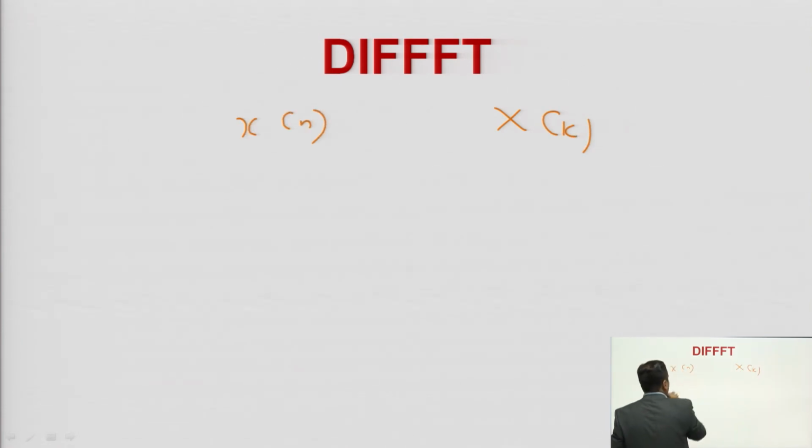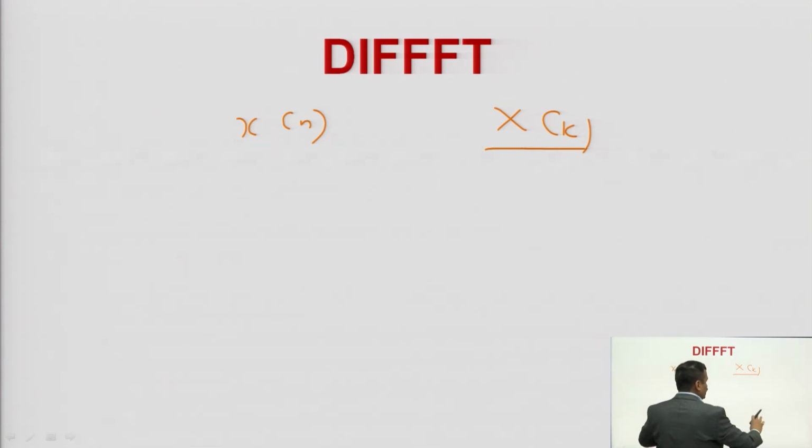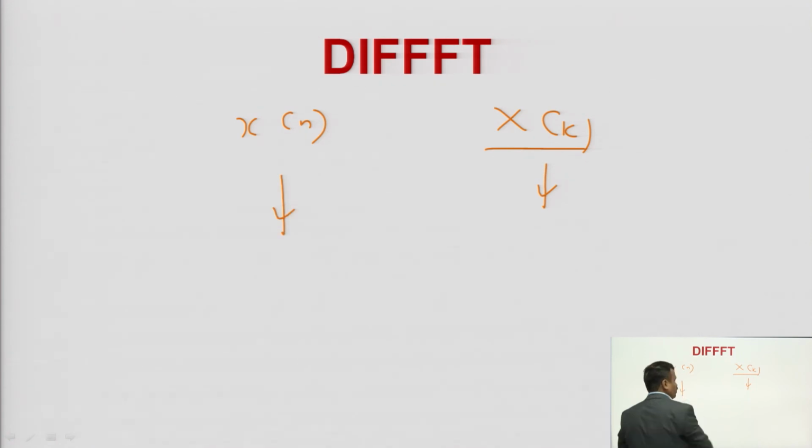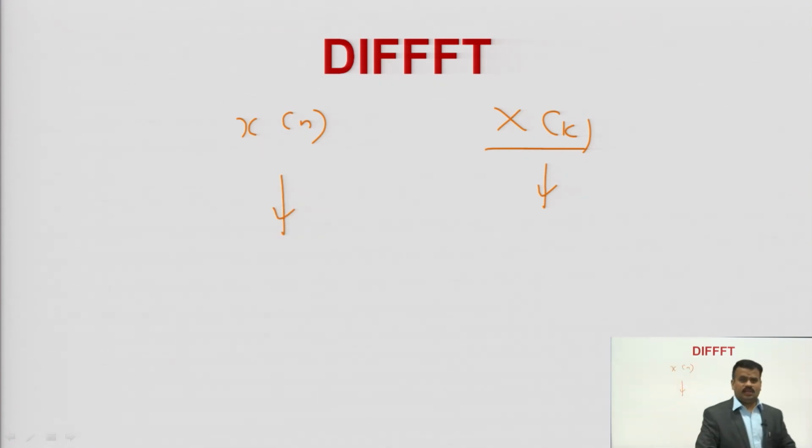You are splitting your x of k into smaller sequences and you are making a structure here, but you are starting splitting from the output side. Since in case of DITFFT you are splitting your sequence from the input side. And DITFFT and DIFFT will be the transpose structures of each other also.